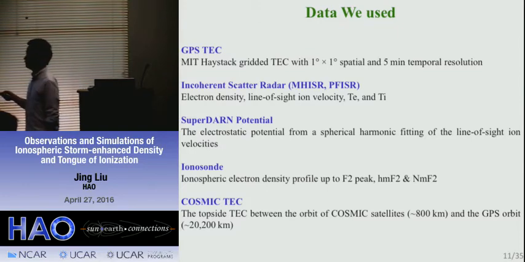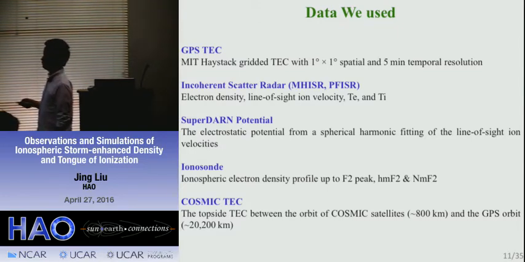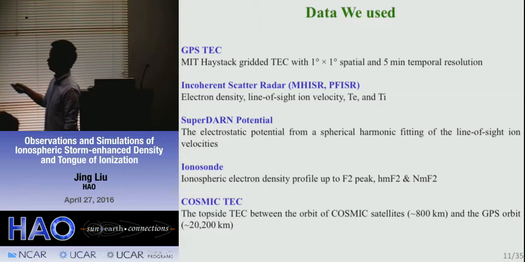The data we used is GPS TEC from Millstone Hill, a high-resolution gridded TEC with 1 degree spatial and 5 minutes temporal resolution. That's the TEC we use to construct the TEC map. We also use incoherent scatter radar from Millstone Hill and Poker Flat in Alaska.